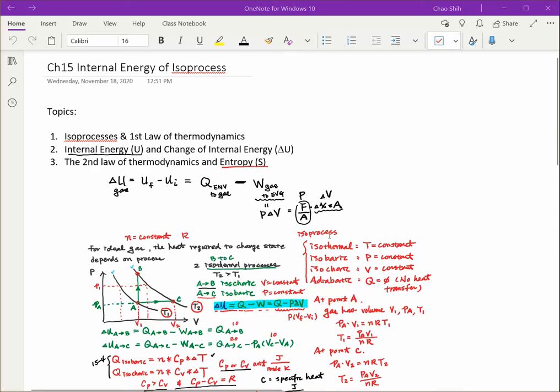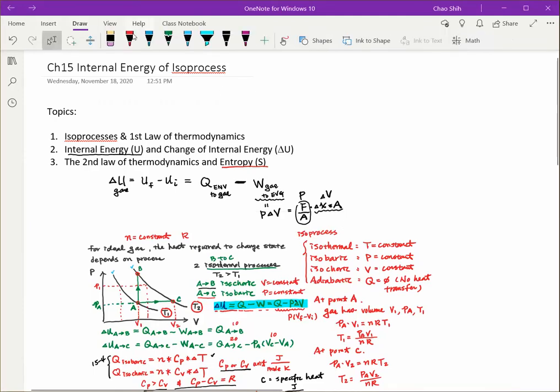So here you can see the isoprocesses. The isoprocesses are the processes by which you can move from one state to another. Depending on how it moves, it will have a different process.